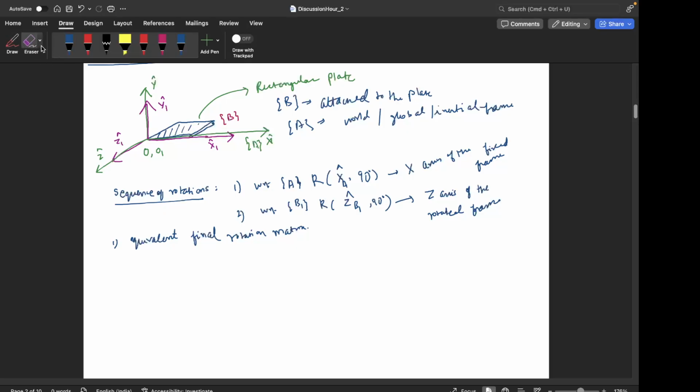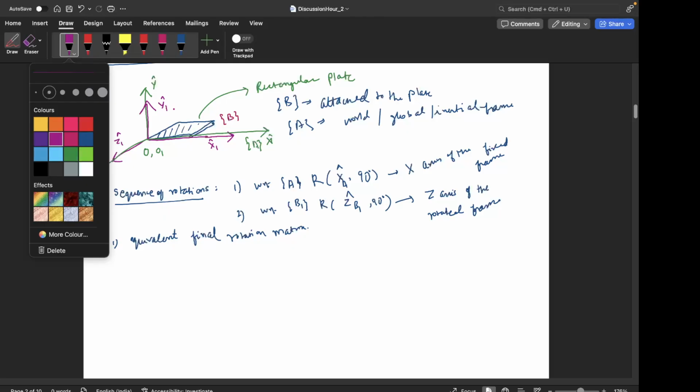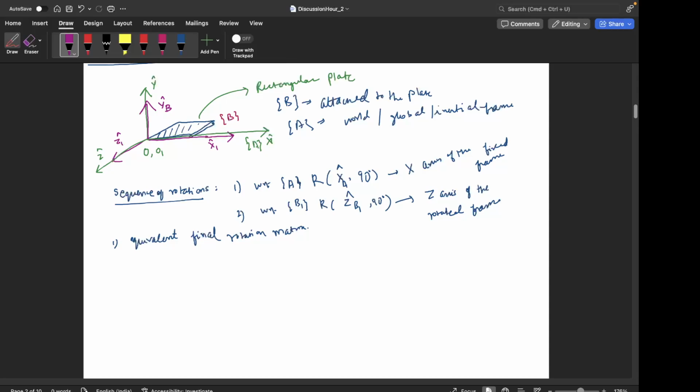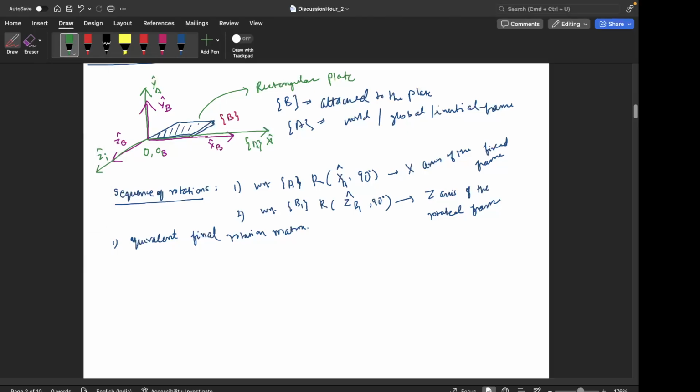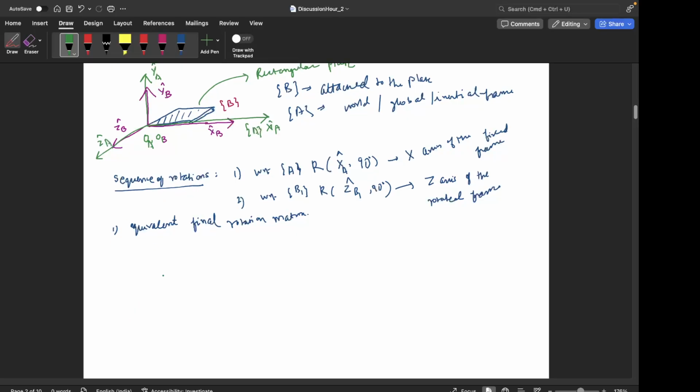And I will also change the notation here because I'm using B and B1. So this is Y B, Z B, X B, the B frame. This is O B, and this is X A, Z A, A, this is O A, right? So again, drawing the world frame.